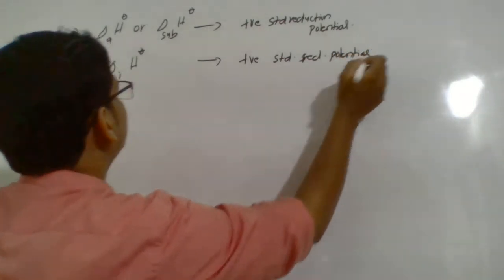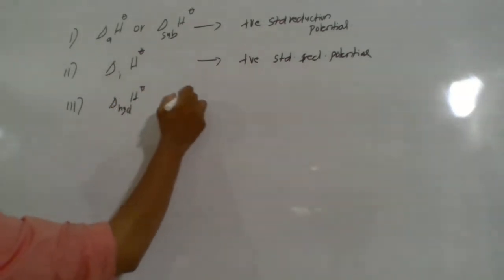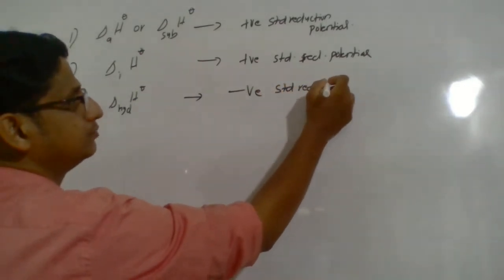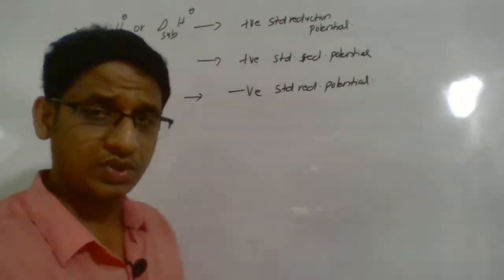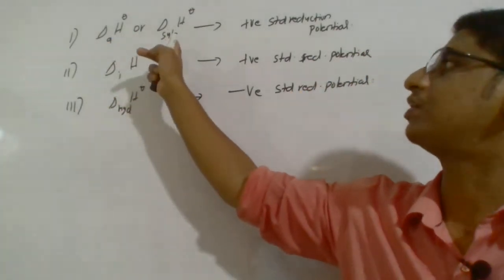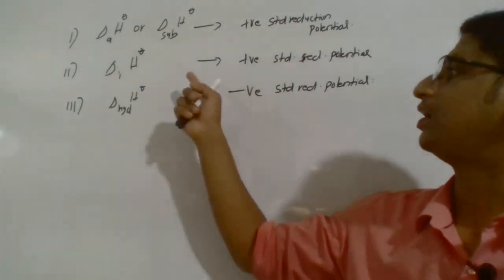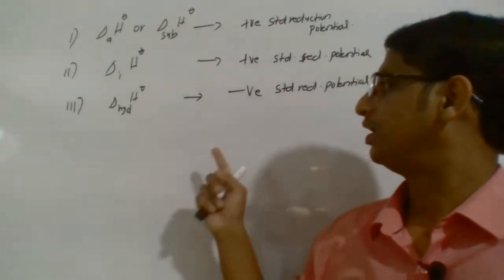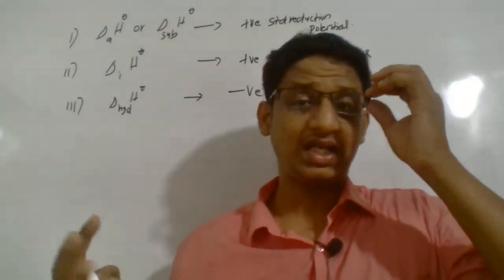Then the next one is hydration enthalpy, delta H hydration. Remember this gives a more negative standard reduction potential value. So these all are enthalpy changes. The higher the delta H value for the enthalpy of atomization or sublimation, you tend to get a positive standard reduction potential value, and the higher the ionization enthalpy, you tend to get a positive value. And if hydration enthalpy is higher, that is always negative, because energy is released.